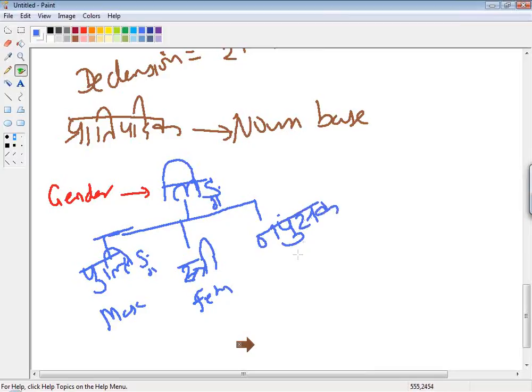Napumsaka. This is neuter. Okay? This is at one level. Then the other thing, again special to Sanskrit, is that you have to pay attention to the noun base. What is the ending letter? Very important. Pay attention to what is the ending letter of a noun base. Now, what do I mean by that?